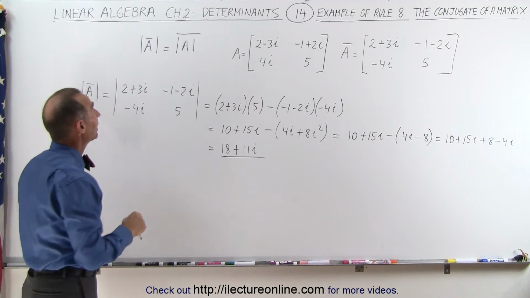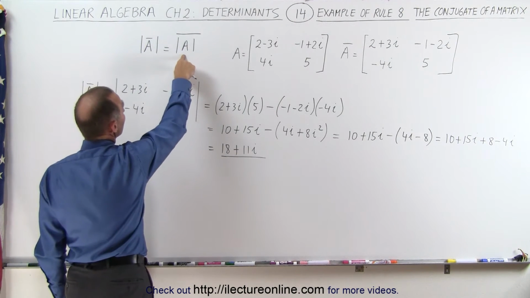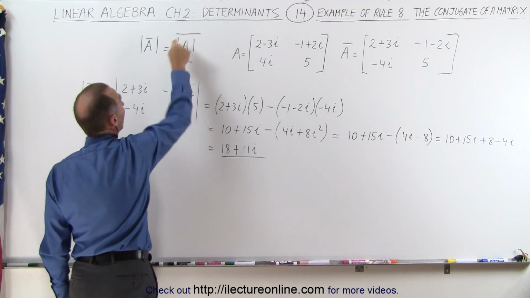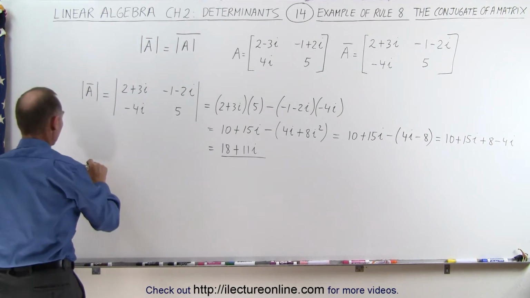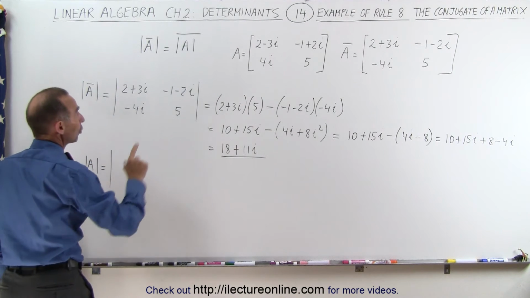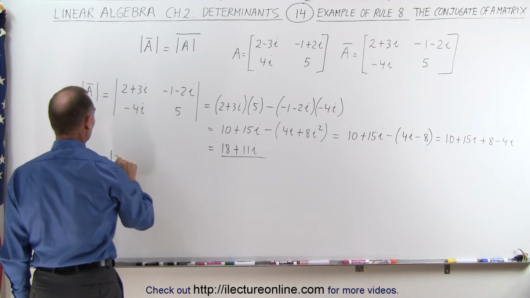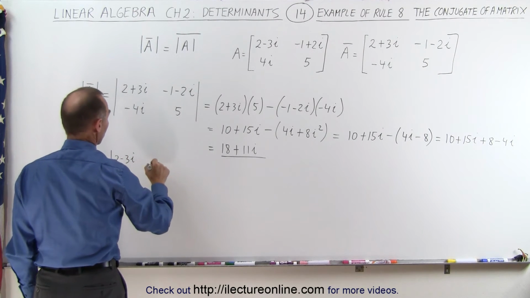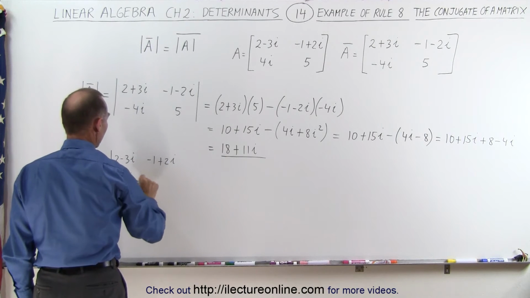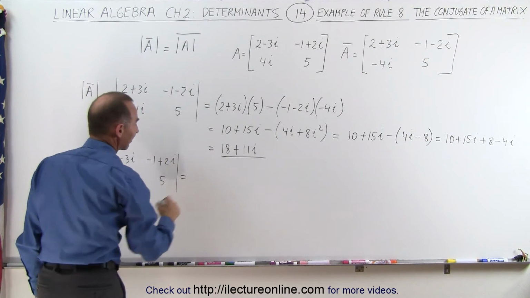Now let's go ahead and find the determinant of matrix A, and then take the complex conjugate of that. So first we take the matrix A and find the determinant, which is equal to, we take the original matrix, 2 minus 3i, minus 1 plus 2i, positive 4i, and 5. We do the exact same thing.